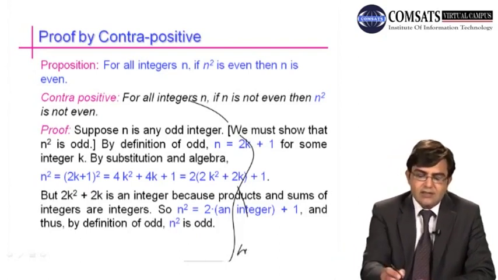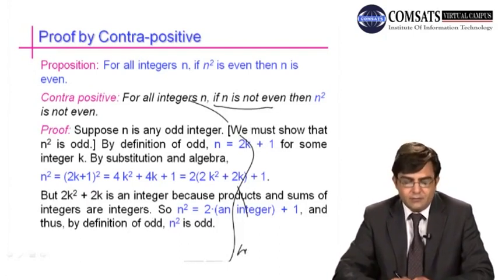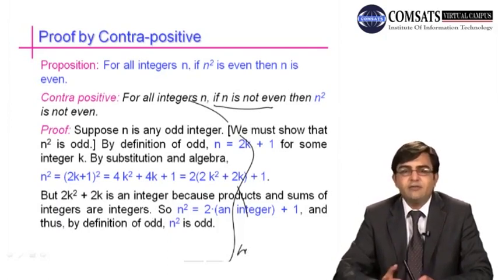We suppose the hypothesis is true, that is, n is not even. If n is not even, then obviously n will be odd. We have to prove that n square is not even, that is, n square is also odd. If n square is not even, then obviously n square will be odd.